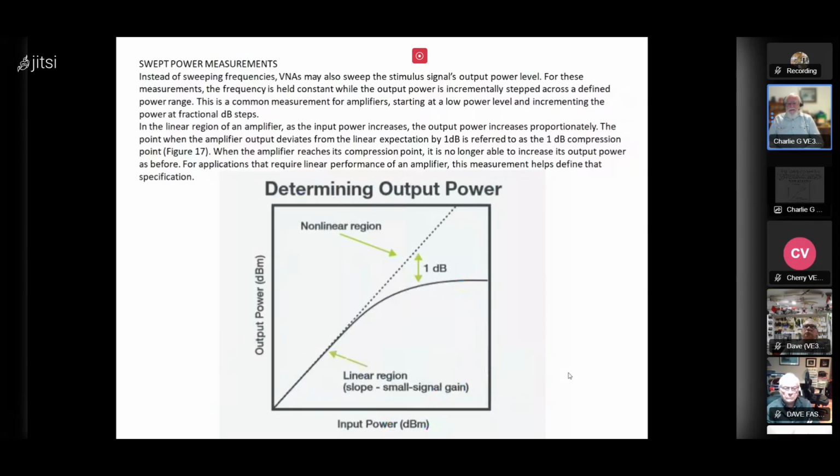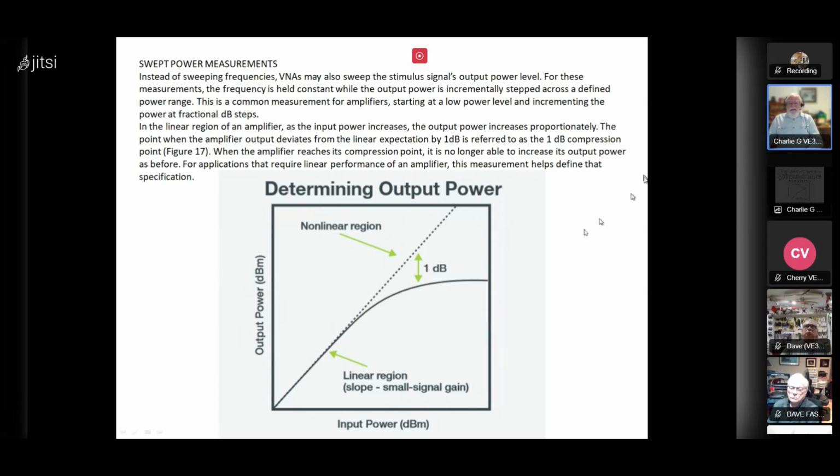The other thing that you can do is swept power measurements with some VNAs. What this does is essentially it starts out with a very small signal and cranks up the signal more and more and more. If your amplifier has a limit to how big a signal it can handle, that may be how far the signal can swing towards the rails, where your power rails are, and so on.